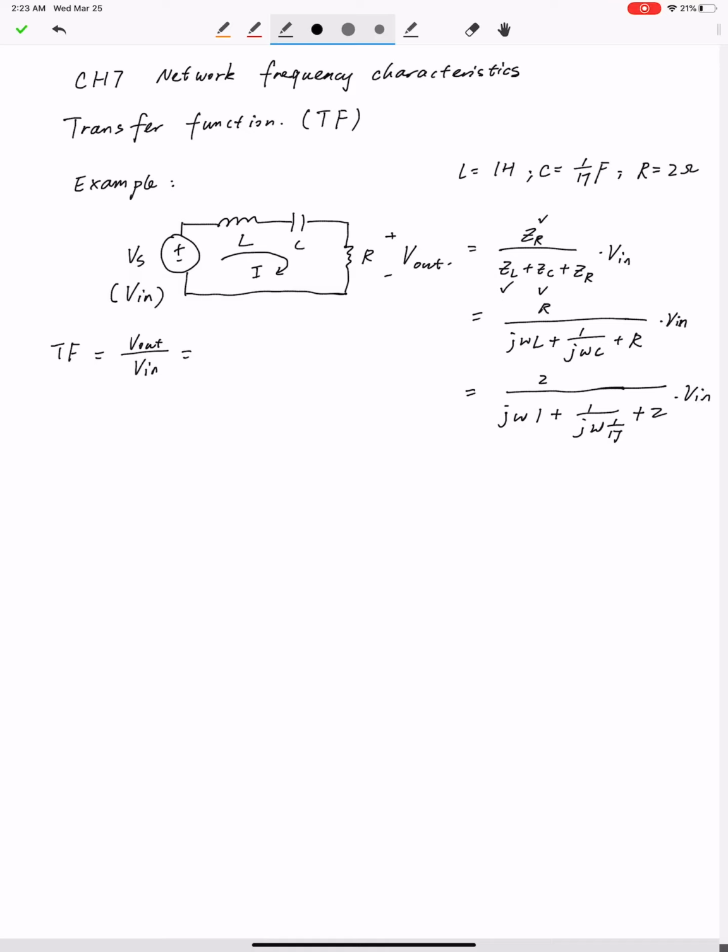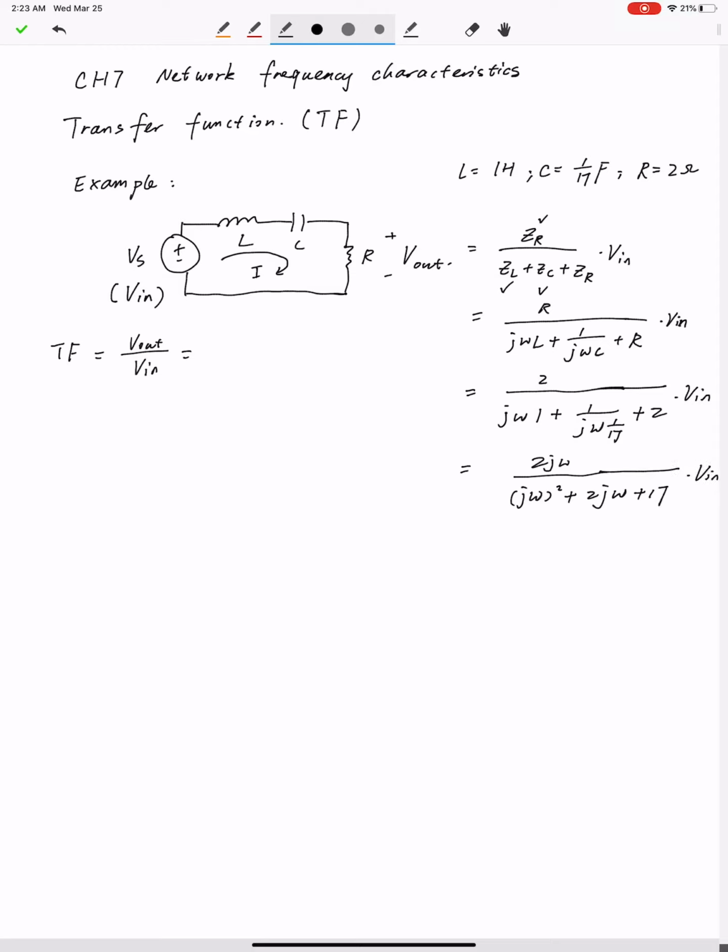We can multiply j omega on both sides of this fraction, and the numerator becomes 2j omega, and the denominator becomes j omega squared plus 2j omega plus 17, times Vin.